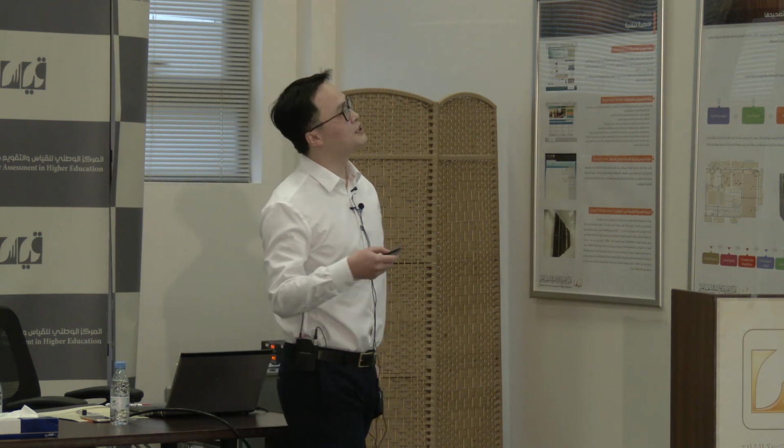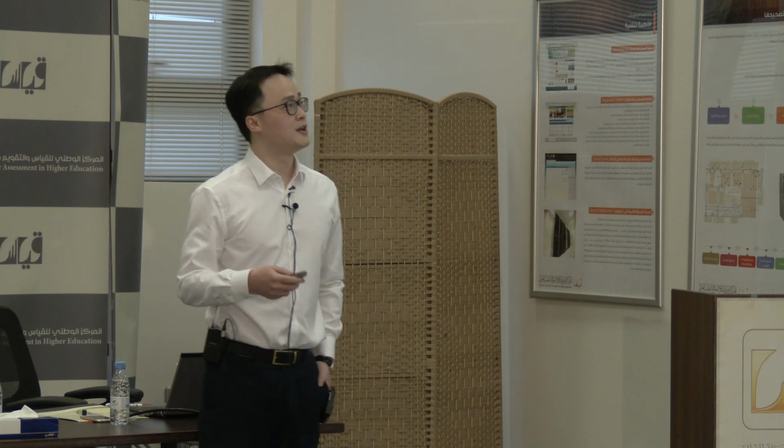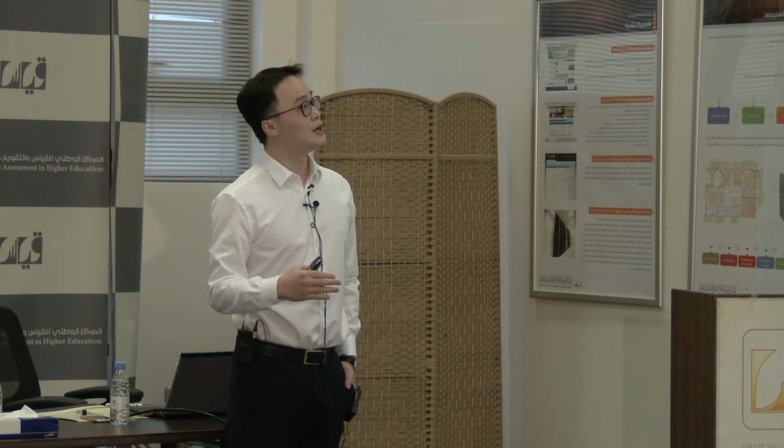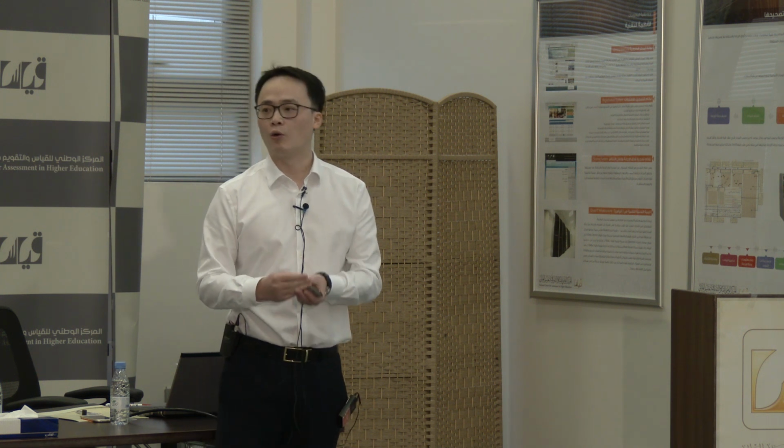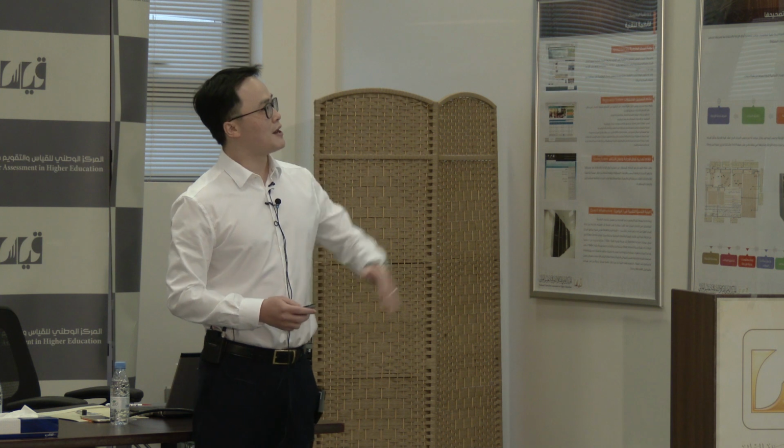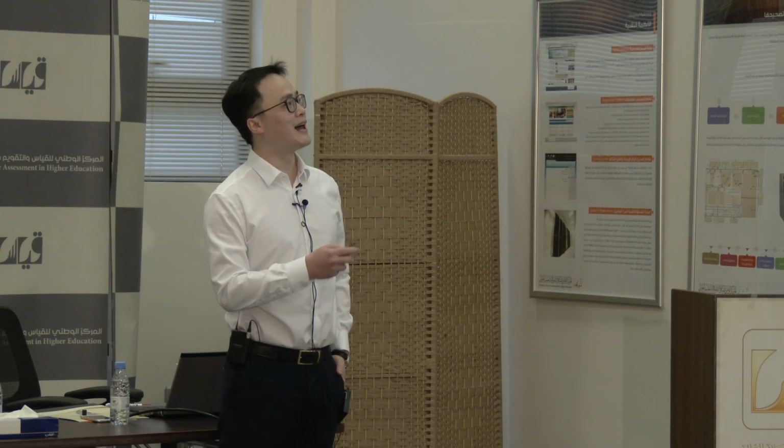So the definition: IRT is a family of mathematical models that relates an examinee's response tendency or probability to his or her ability and item properties, by which we mean item difficulty, discrimination, guessing or slipping, those things. In contrast to CTT, IRT allows us to focus on individual items.